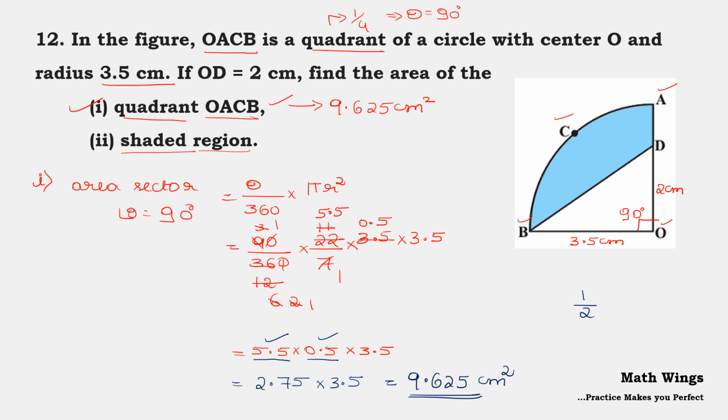Now, if you observe, what is the area of the shaded region here? Area of the shaded region is equal to area of the sector minus area of the triangle BOD.